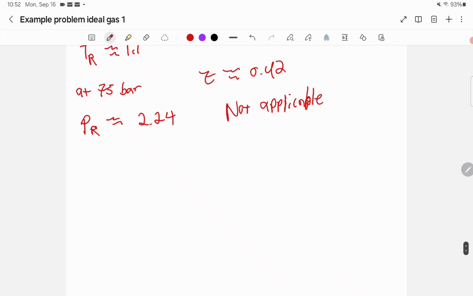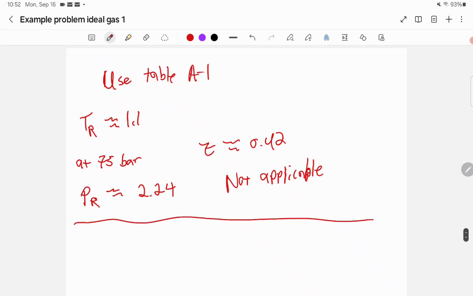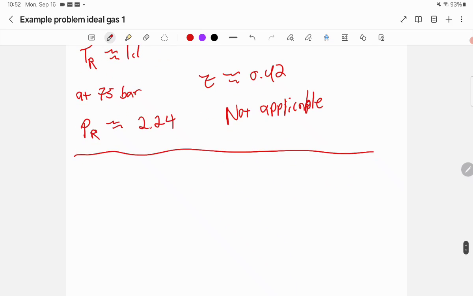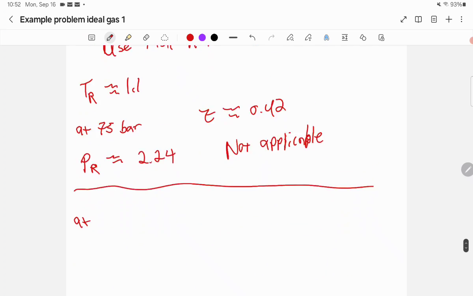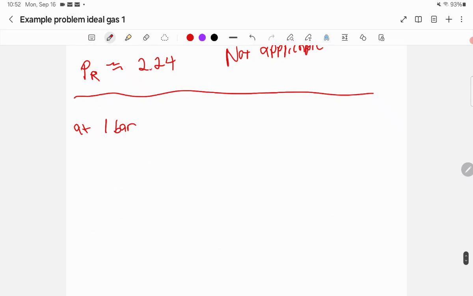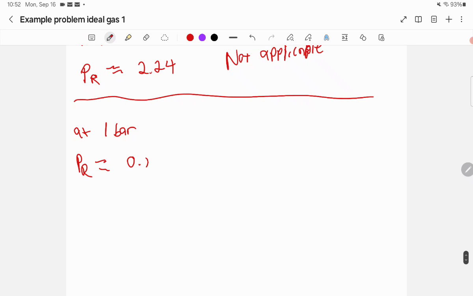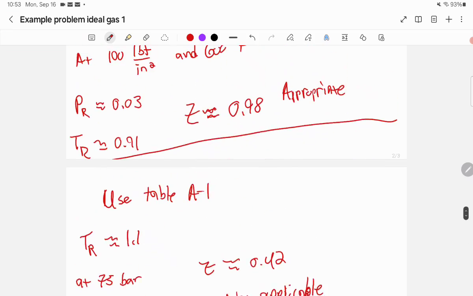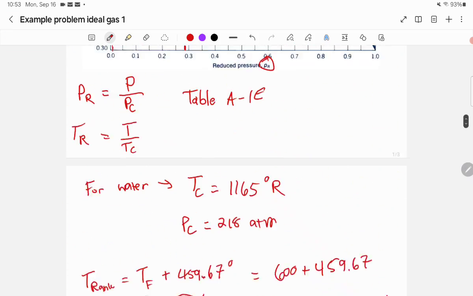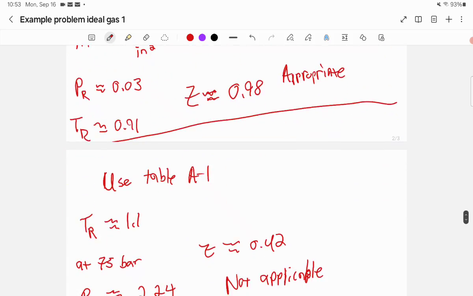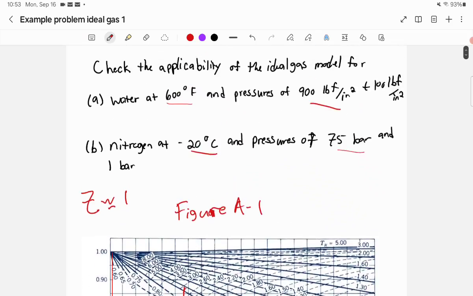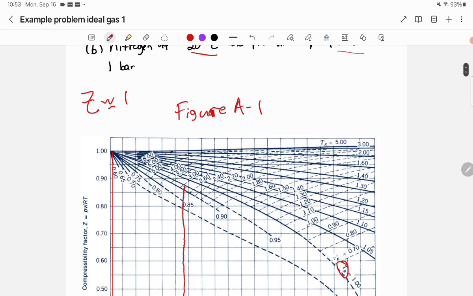And still for the same TR, but in the case of pressure at 1 bar, what we find is that the reduced pressure is approximately equal to, again, 0.03, which is the same one that we had before, but this time the TR is 1.1, which obviously is above where we were before.